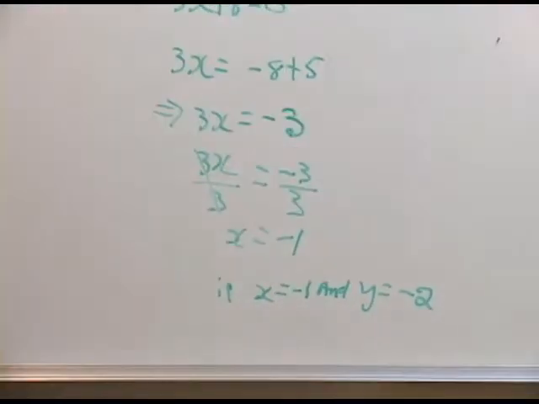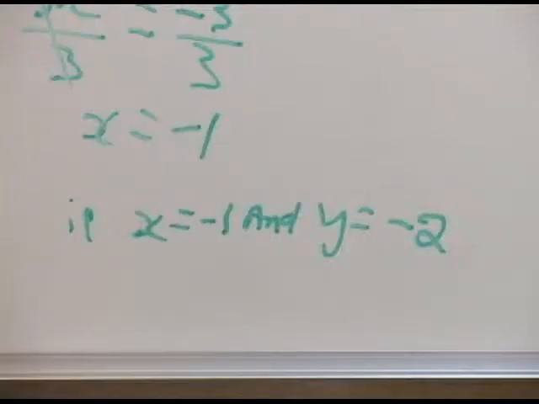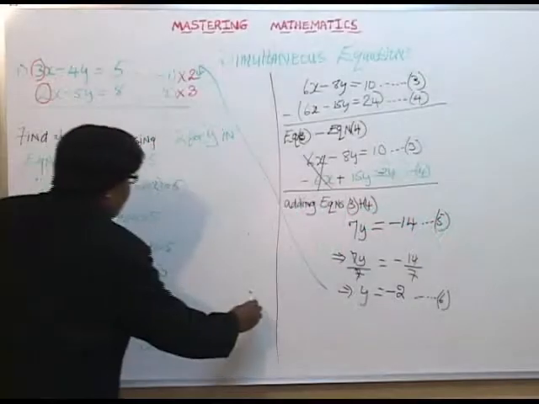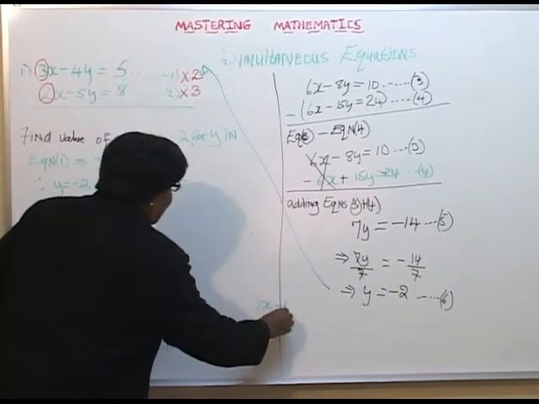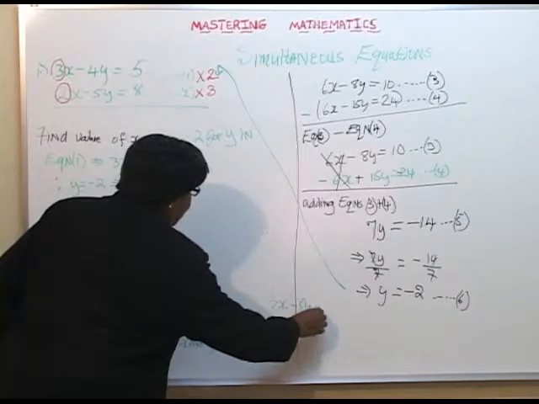If you want to check to see if your solution is right, just substitute those values in any of the equations. So if I replace negative 1 for x in equation 2, this is what you would be getting, where you had 2x minus 5y is equal to 8.